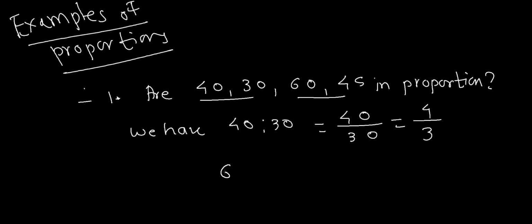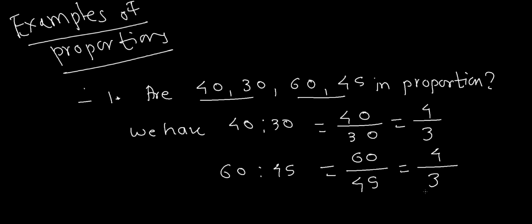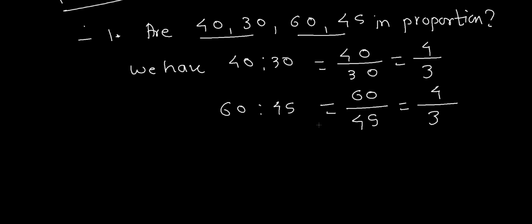Now second we have 60 is to 45, that's the ratio. In fraction form 60 divided by 45, and in simplified form, 15 4s are 60, 15 3s are 45, so 4 by 3. So both of these ratios in simplified form are 4 by 3.